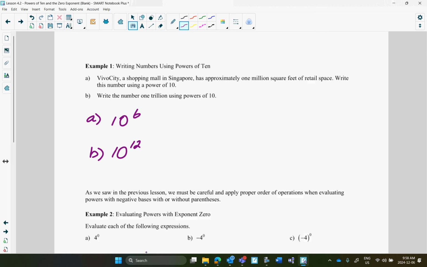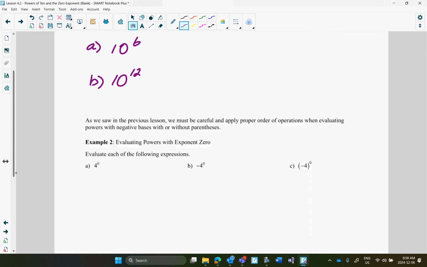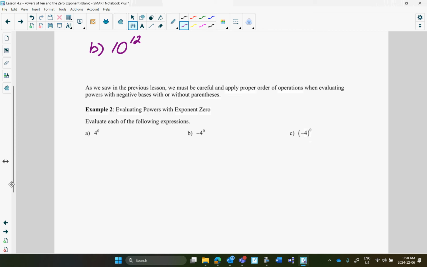And then finally, a little practice with the 0 exponents. Remember, we're going to throw some negatives in, we're going to throw some parentheses in. So remember what we talked about yesterday, parentheses matter and so do negatives matter. But first of all, what's 4 to the 0? 1. What's negative 4 to the 0?